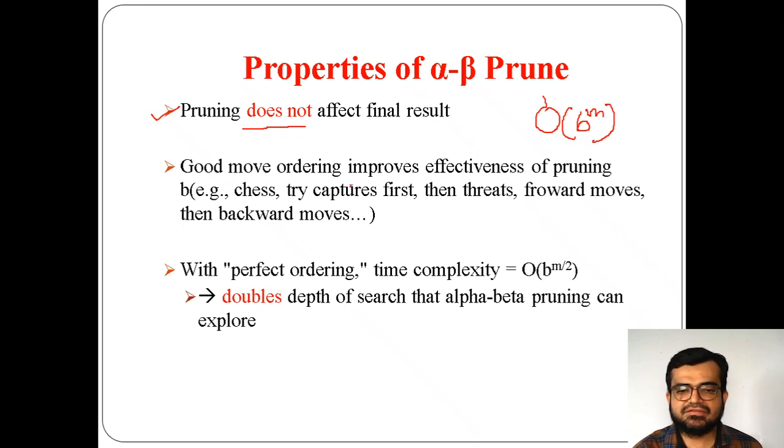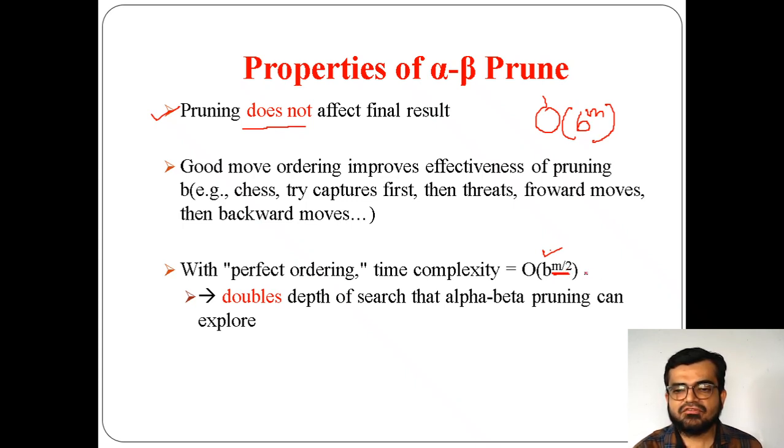But in the average case and best case, if I perform alpha beta pruning, then it will be big O of b to the power of m by 2. Simply the combinations get reduced by half.